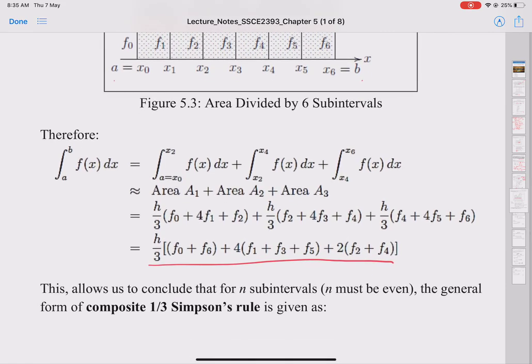So if you see here, we have this one as before. We have F0, the first one, and then plus F6, the last one. And then we also have the odd intervals, which must be multiplied by 4, while the even intervals are multiplied by 2.